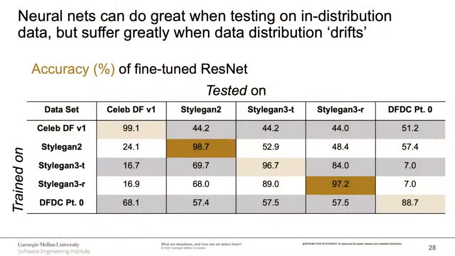And neural nets, they can do really great when testing on in-distribution data. So this is the results from our pipeline. When you train and test on something in distribution, what I mean by that is, say Dom and I are having this conversation right now, and we have this particular background. If Dom and I have a conversation tomorrow and we're still in the same place, I would probably consider that to be in distribution data.